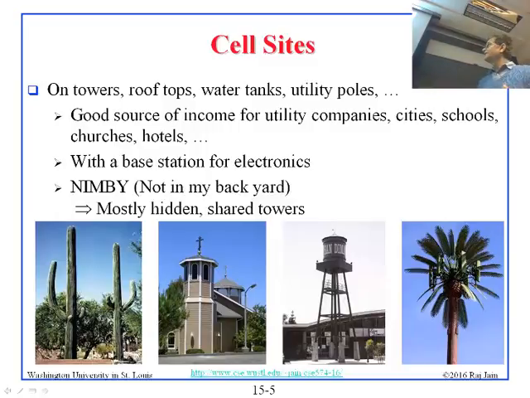Similarly, this water tank is a tower and this is a tower. So this is how the cities are making money. This is how non-profit organizations are making money, by just letting the telephone company come in and use the property. NIMBY, not in my backyard.